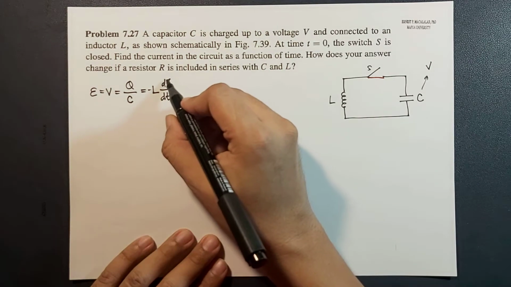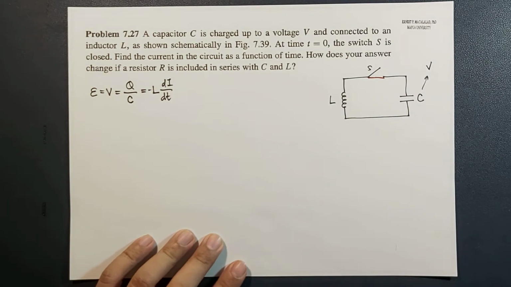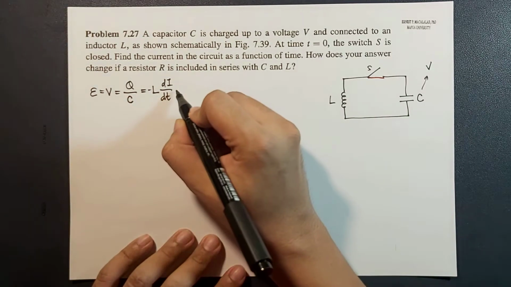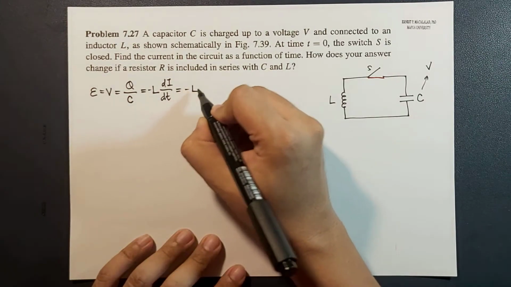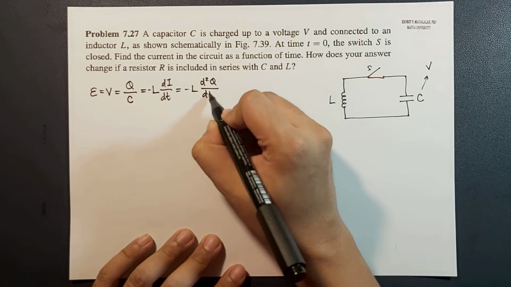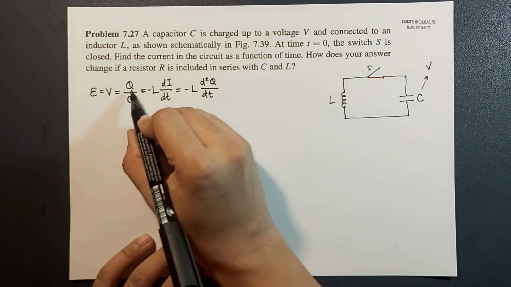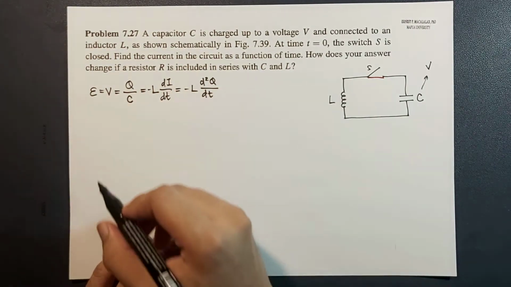We know that the current I is just the first derivative of the charge with respect to time, so we can rewrite this term as negative L times the second derivative of the charge with respect to time, and we're looking for this Q.